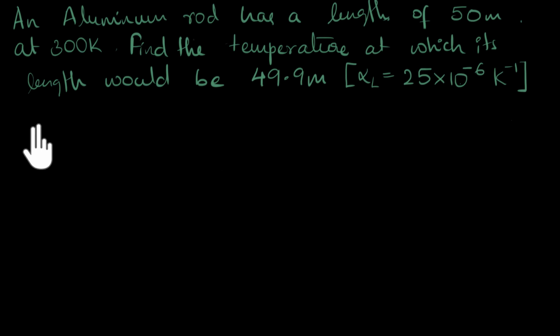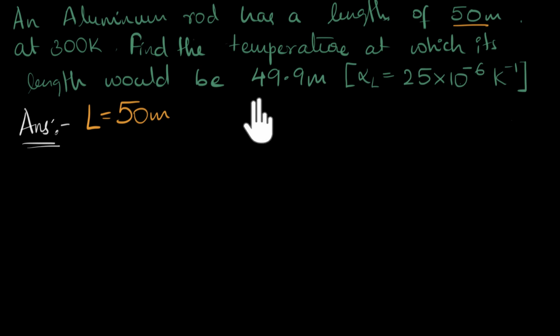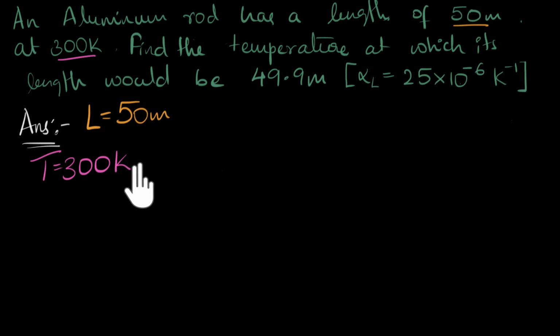Alright, let's solve this. Let's first write down what's given to us. The length of the aluminum rod is 50 meters, and the temperature right now is 300 Kelvin.